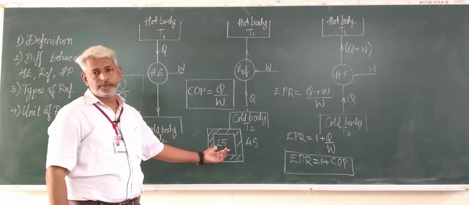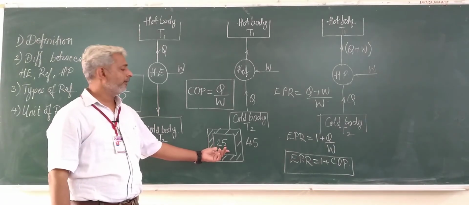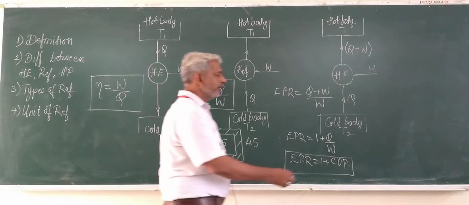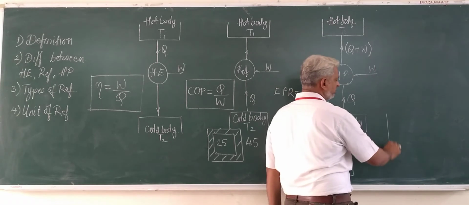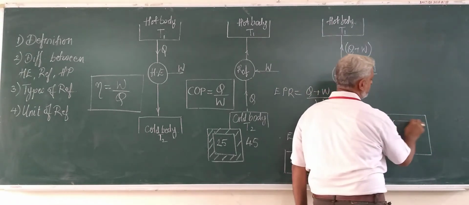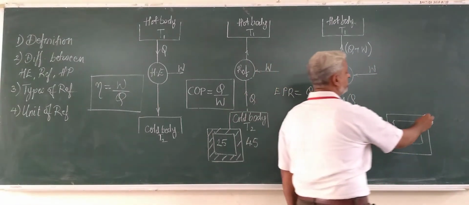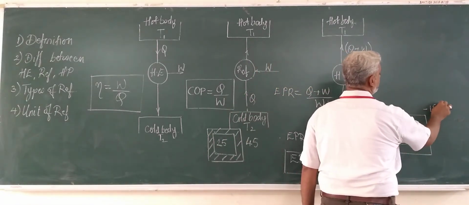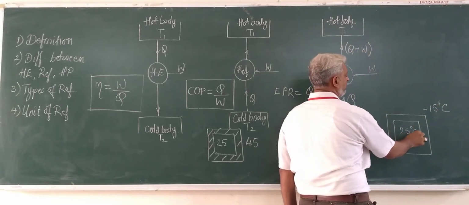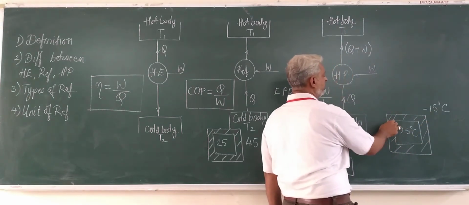This is the example of a refrigeration system, as we use it in the summer season for air conditioning of a house. Whereas in case of a heat pump, if you take the same enclosed space and the outside temperature is lower than the inside temperature, suppose minus 15 degrees centigrade, and you have to maintain the inner temperature at 25 degrees centigrade, the circuit you have to use is your heat pump.